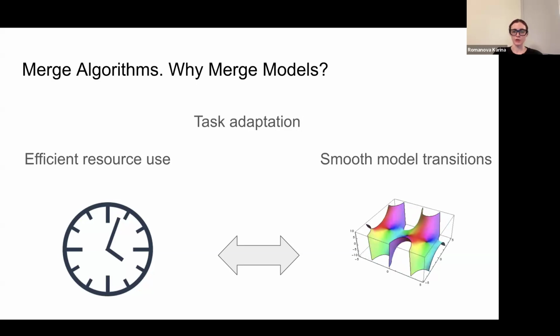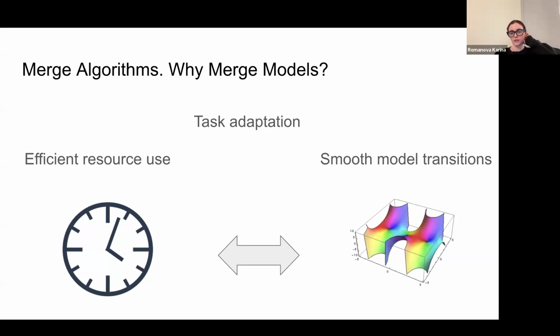So let's discuss why we merge models. We talked about this a little bit, but let's talk about it in more depth. Merging models offers several advantages.